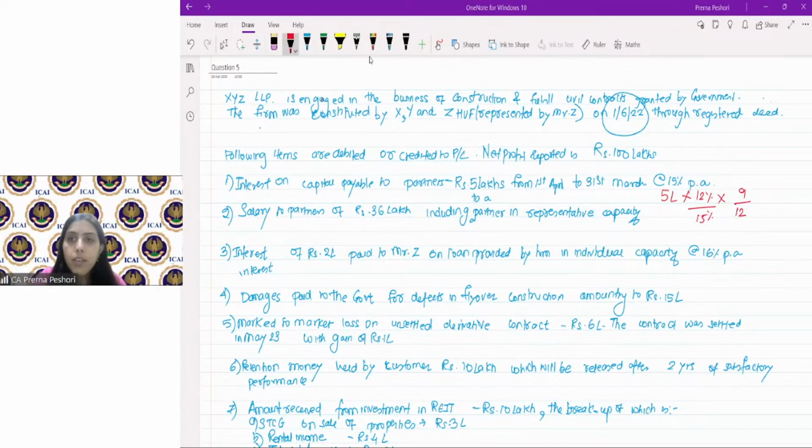Yes or no? Okay. Next, salary to partners of rupees 36 lakh, including to a partner in the representative capacity.